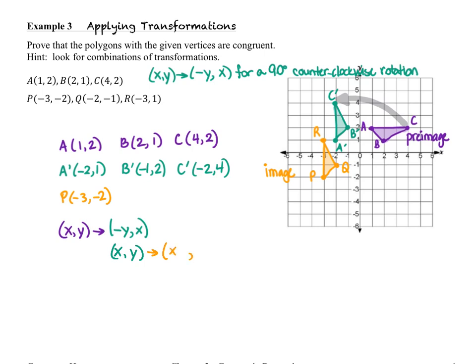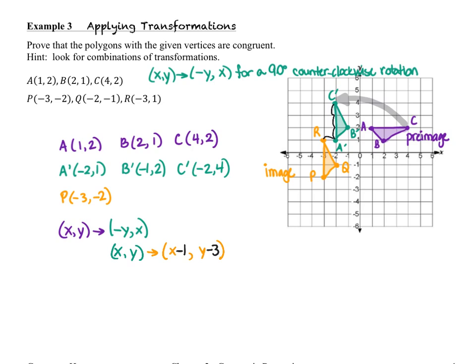We started out with x and y, and it looks like we went, looking at corresponding points like C prime and R, 1, 2, 3 down in the y direction, and 1 to the left in the x direction. So we have our mapping statements.